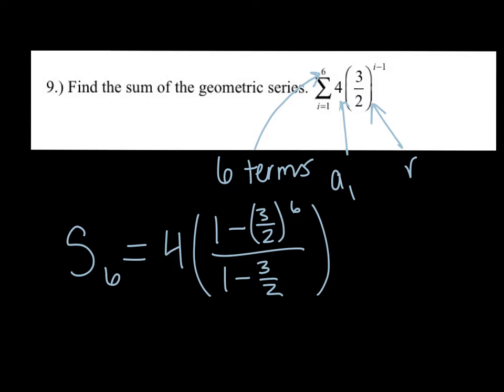Make sure you're typing this in correctly. I said I would start, so we'll do it together. Try typing it in and see that you get the same thing. It should be about 83.13 for the sum of this series.